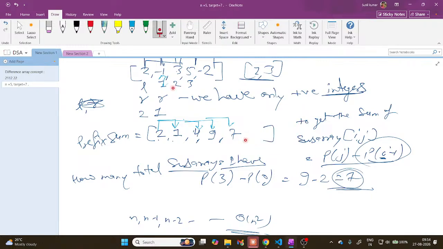There is no benefit of the prefix. If I count this summary, this summary, this summary, these are different summaries. Then this is also different, this is also different, this is also different, right?